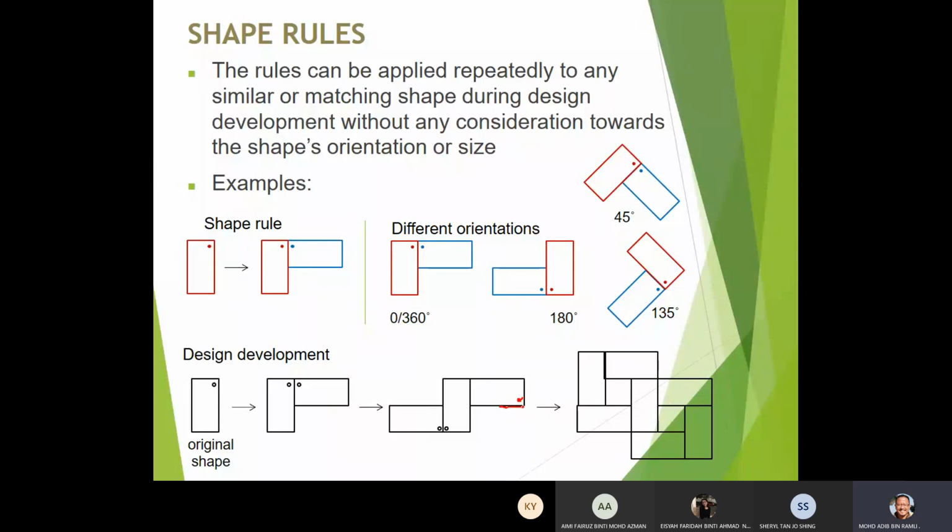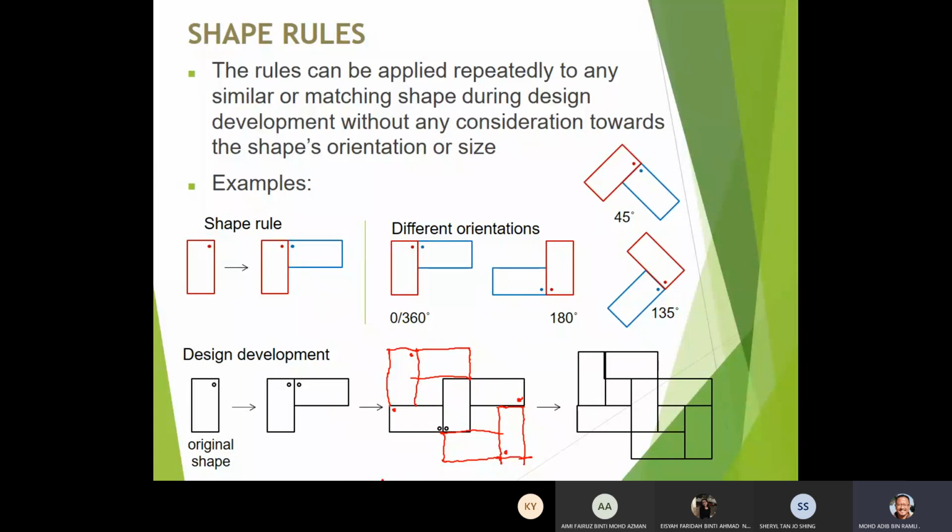So that's how you get this. The new shape will be created here, and then for this one, you move the label here, and you apply the rule. Then you are going to add the shape there. So now you have two additional shapes. You apply here, this is the label, you apply the rule, and you get that shape. And this one, you put the label here, and then you apply the rule. That's how you get this.